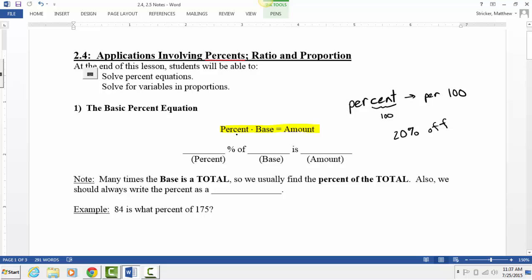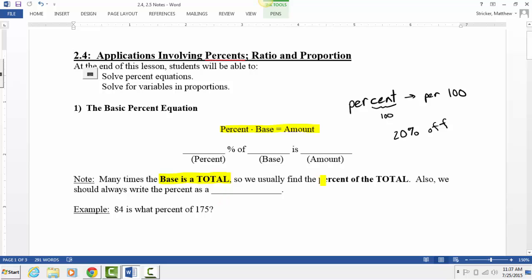And so when we're trying to find the percent of something, we're always trying to find the percent of the base, but we have to remember that the base is actually the total. If we're talking about the free throw problem, that's the total number of free throws taken. If we're talking about a sale, that's the total amount that our purchase was before the discount.